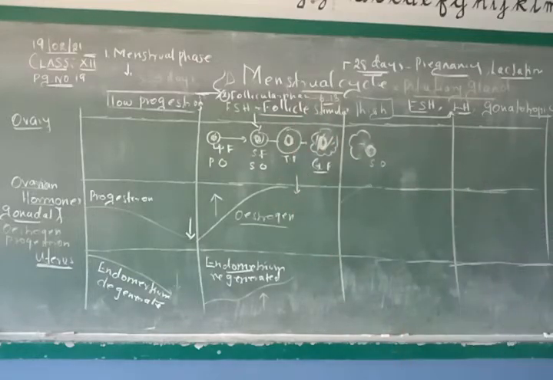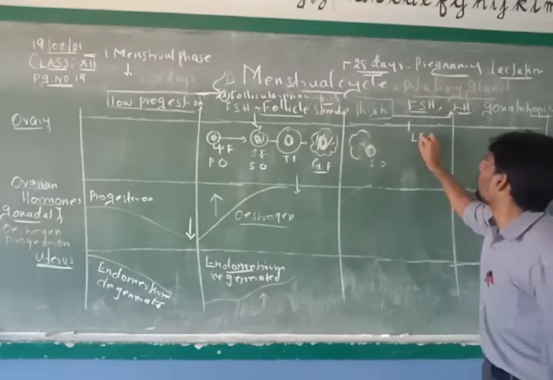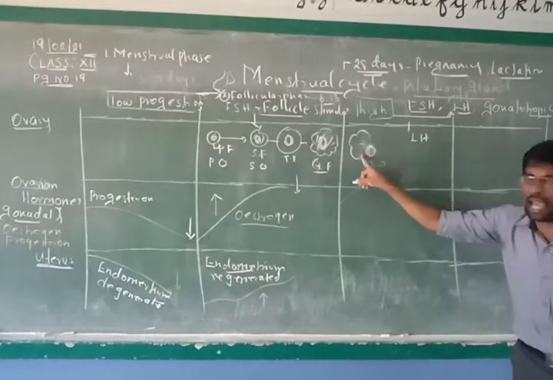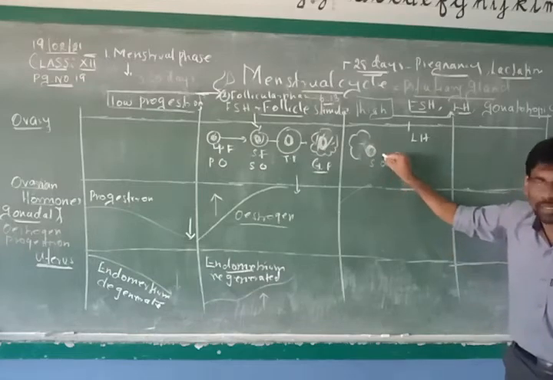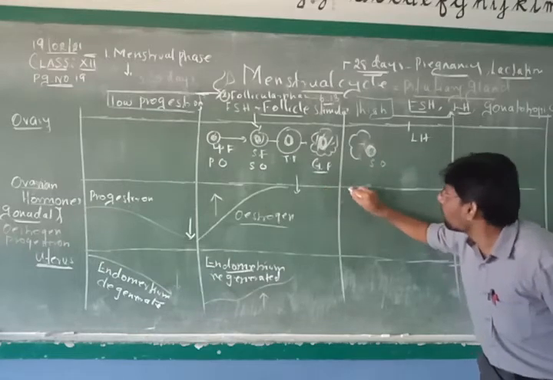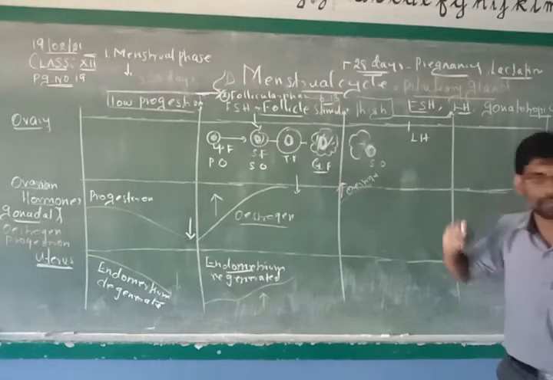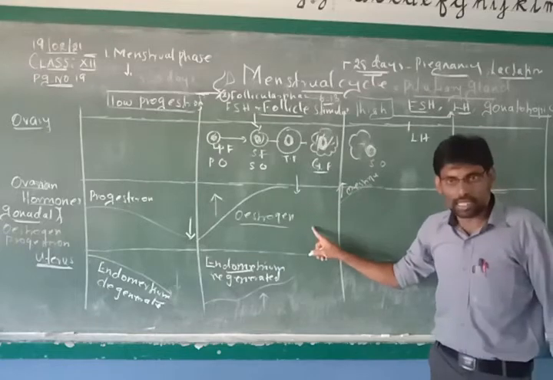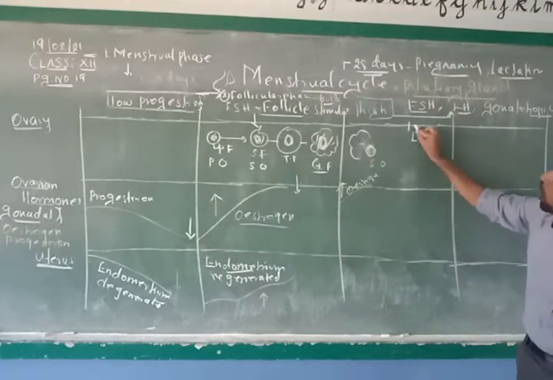High level of estrogen, LH hormone. Now LH hormone enters. Because of LH hormone, the Graafian follicle ruptures and the ovum comes out. At that time the same estrogen is increased more. We have not studied any decrease at all.